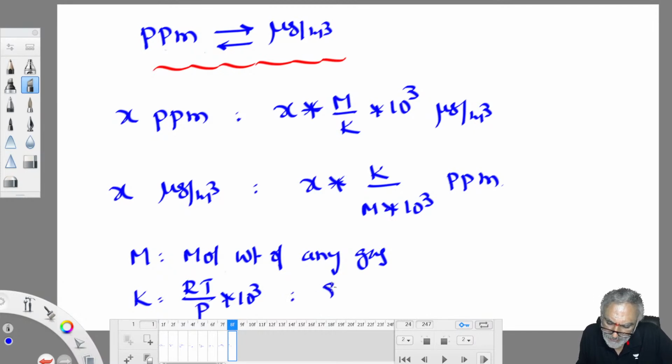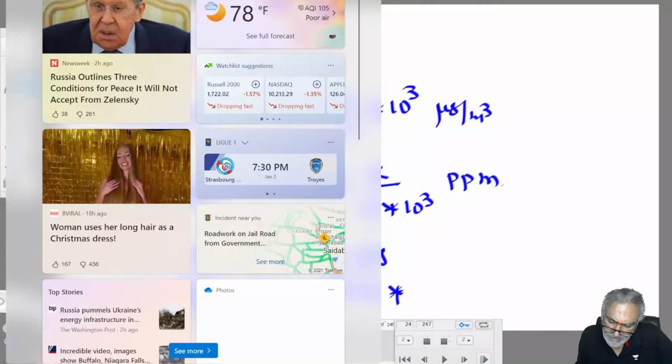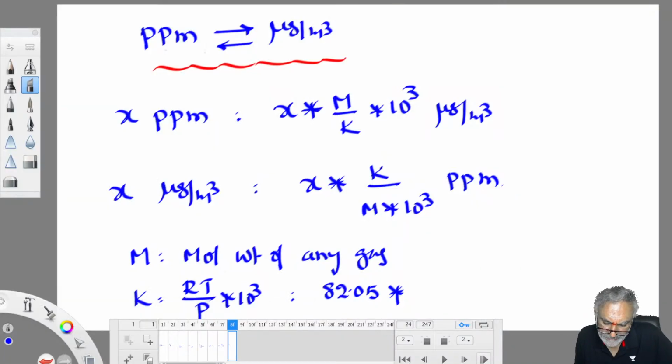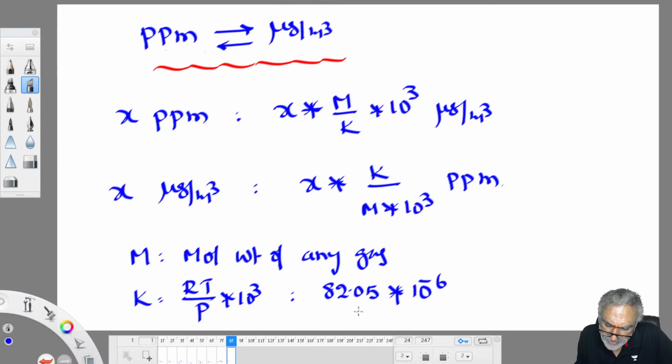If the R value is not given, it is taken as 82.05 into 10 power minus 6, into T by P.